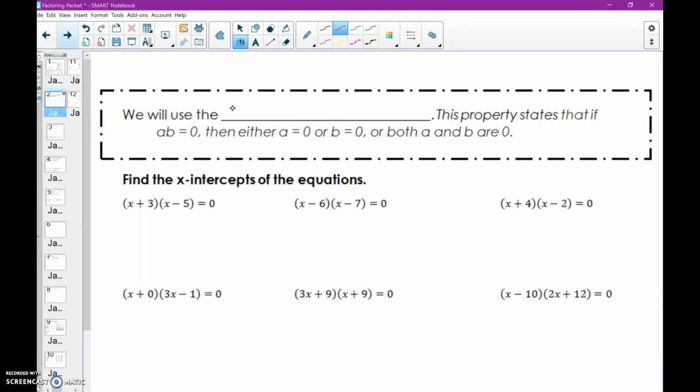So really what we just did is actually called the zero product property. And all that means is that if I have something times something equals 0, then both of those somethings can or should equal 0.